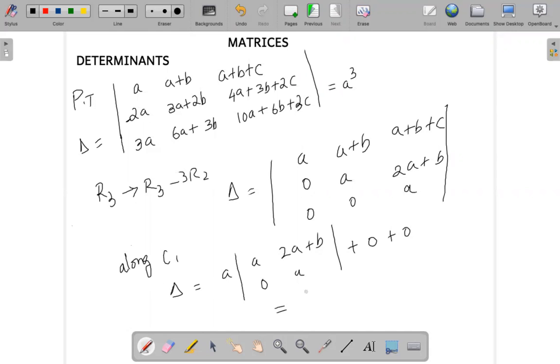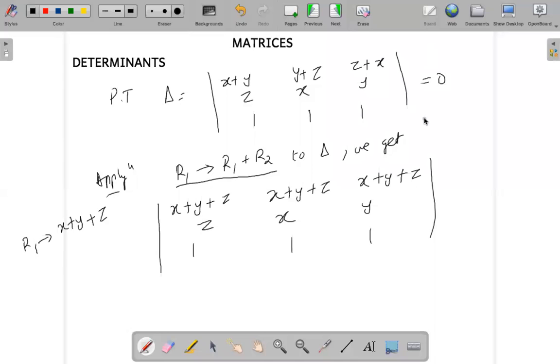So we get this as a square, 0, which is equal to a, which we got on the right hand side, which is AQ. So we have proved it, since the elements of R1 and R3 are proportional.